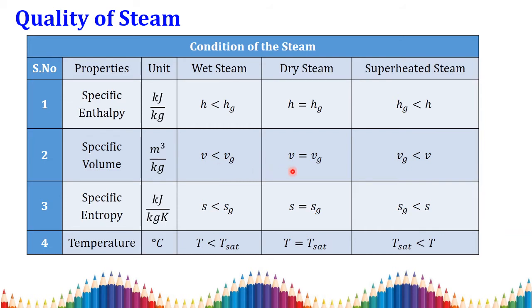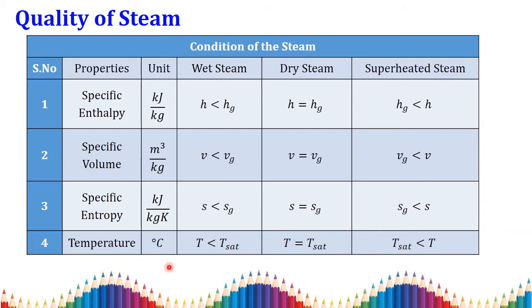When the given specific volume and the saturated specific volume of the gas are equal, it is called dry steam. When the saturated specific volume of the vapor is lesser than the given specific volume, then it is called superheated steam. The same condition applies for specific entropy also.